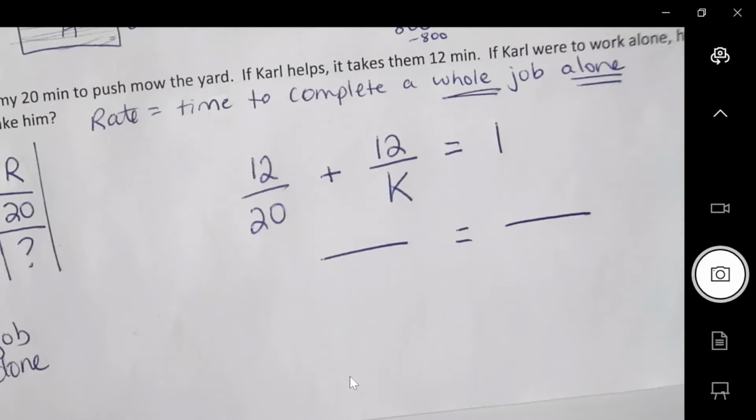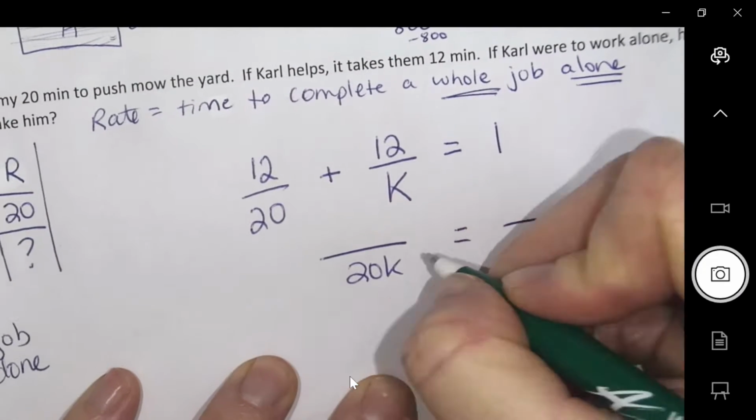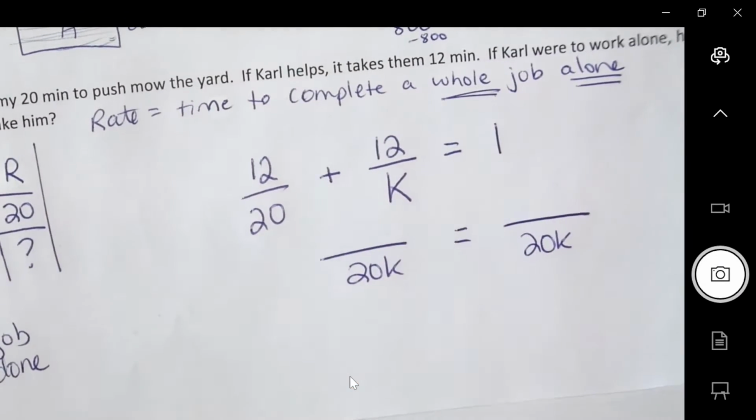So that's what I look like. Okay, so what do I need to all include in my denominator? I need a 20 and a K. So 20K.